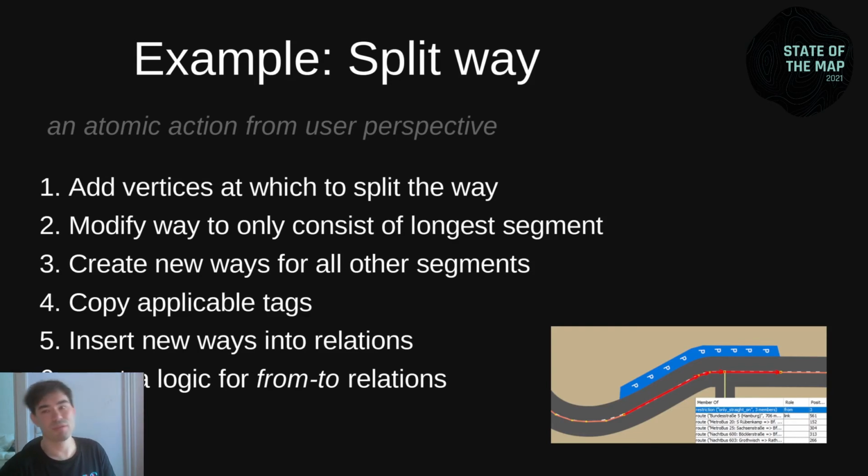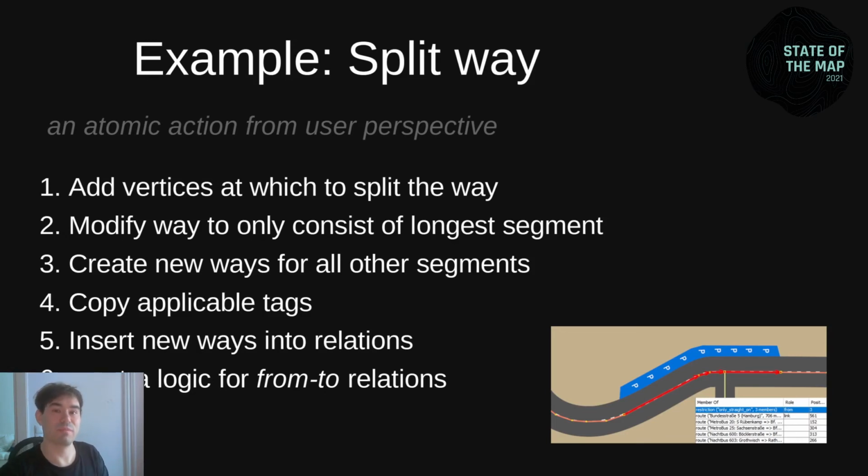What it also shows is that the action needs to know some kind of repository of map data. In this case, the split way edit action would need to know what are the relations that refer to this way, and also all the nodes that are referenced by this way.